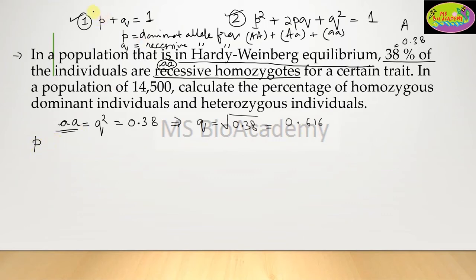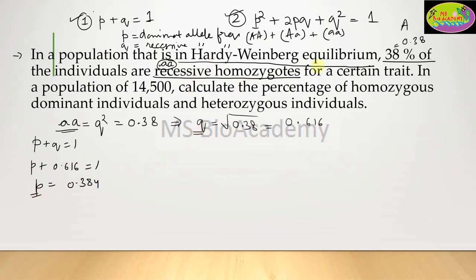Just simply use the first formula, P plus Q is equal to 1. So if we write the Q value here, P plus 0.616 is equal to 1, so P is 1 minus 0.616, which gives you 0.384. So we got the value of our dominant allele and our recessive allele, that is, the P and Q values.